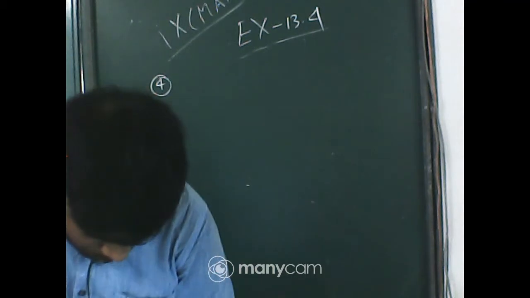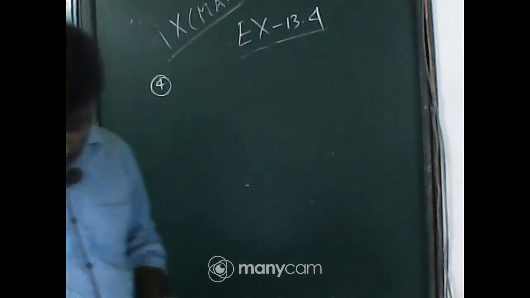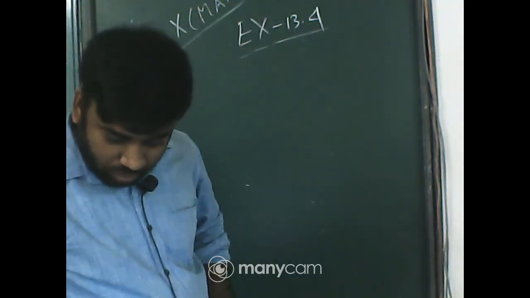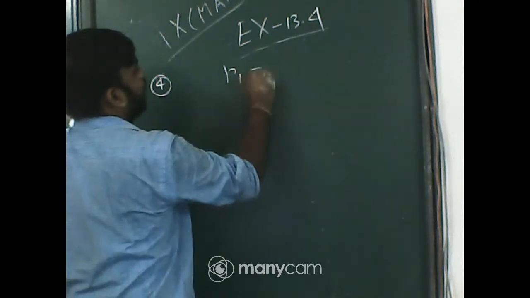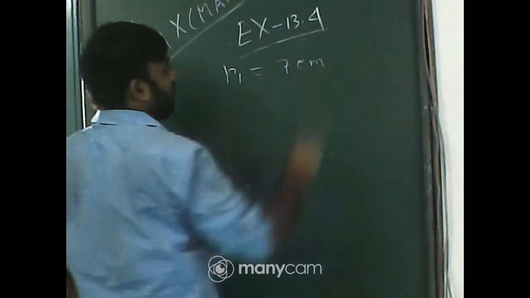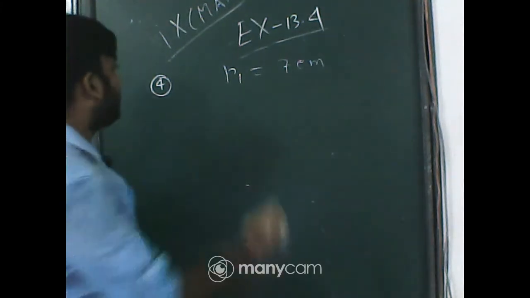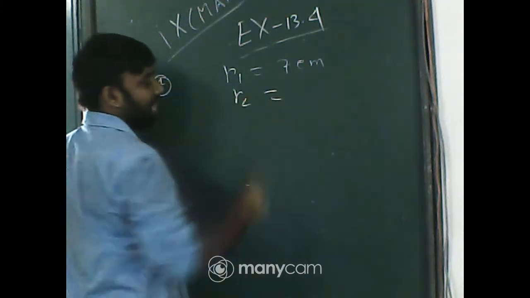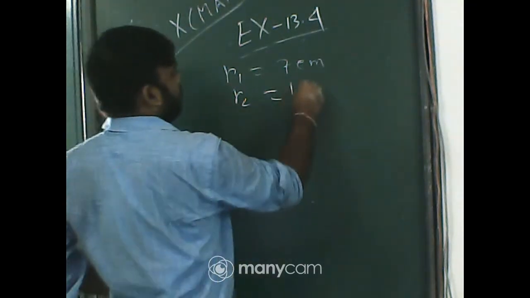First of all, the radius of a spherical balloon increases from 7 centimeter to, initially it was R1, that is 7 centimeter, and after pumping some air into it, its radius increases to R2, that is 14 centimeter.